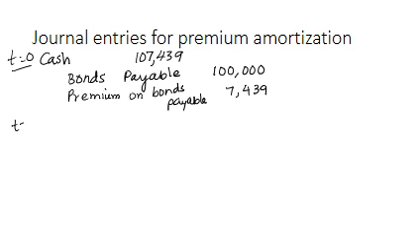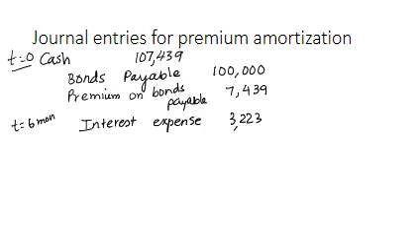And then the amortization starts at t is equal to 6 months. So the true interest expense in our case, which we calculated based on market interest rate, was 3,223 in the previous slide, and the interest paid out was 3,500.